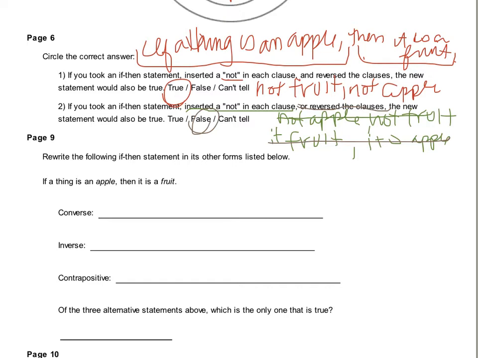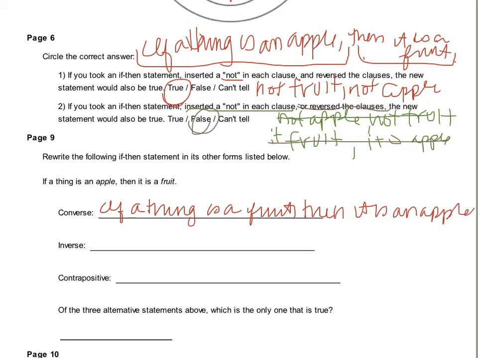So if our statement was, if a thing is an apple, then it is a fruit, then when we switched it, our new statement would say, if a thing is a fruit, then it is an apple. That would be the converse.